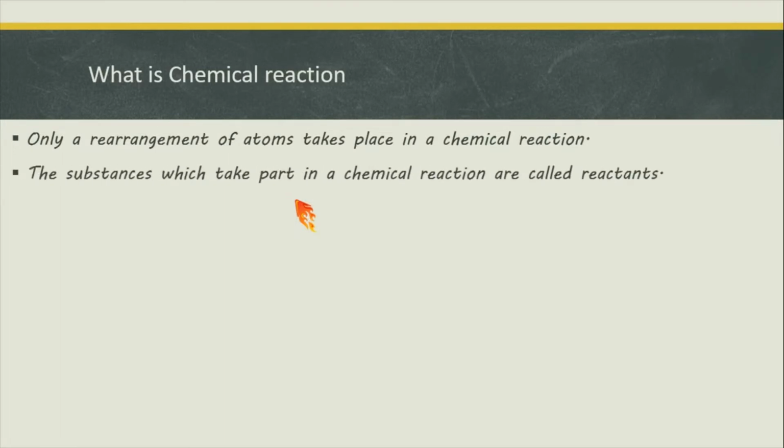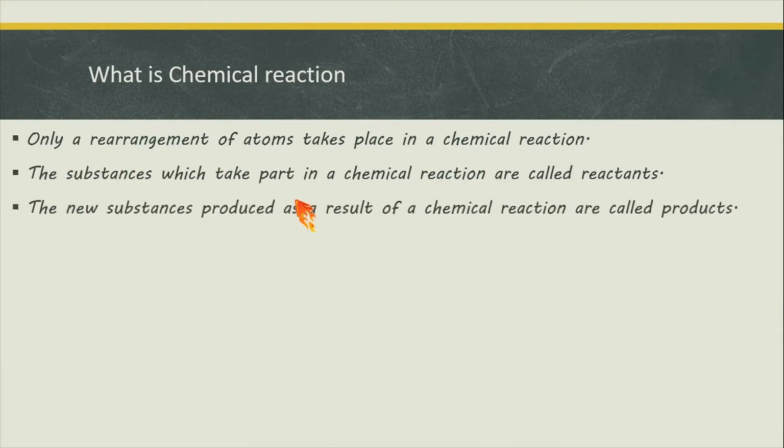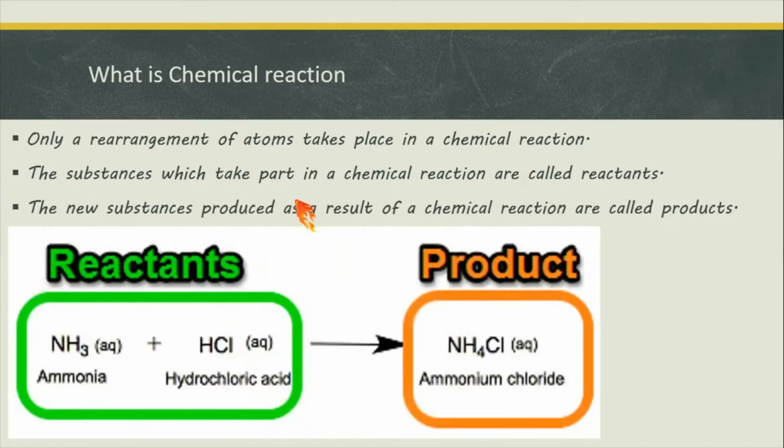The substances which take part in the chemical reactions are called reactants. The substances which are produced as a result of a chemical reaction are called products. So here's an example: NH3 plus HCl are the reactants, and NH4Cl is the product.